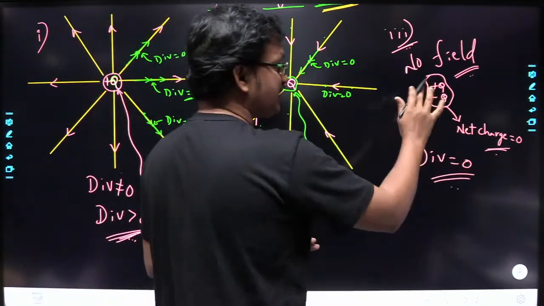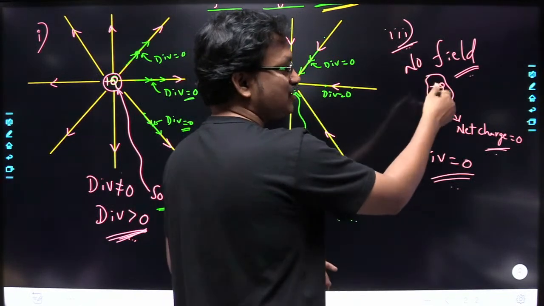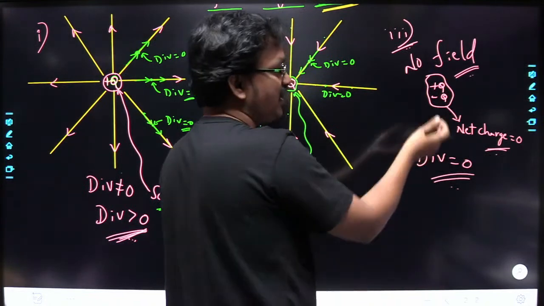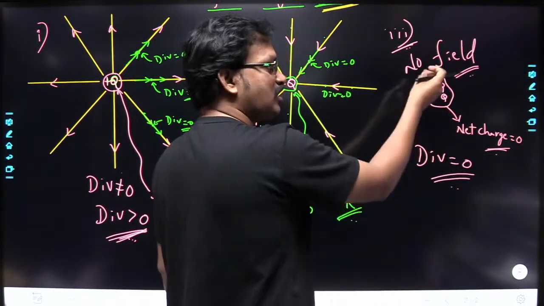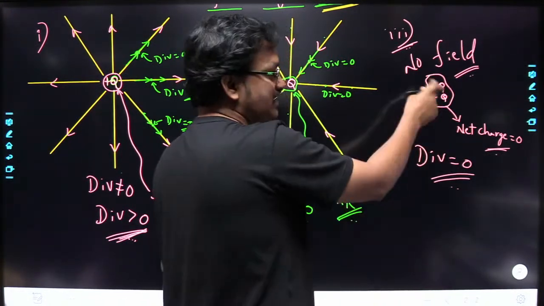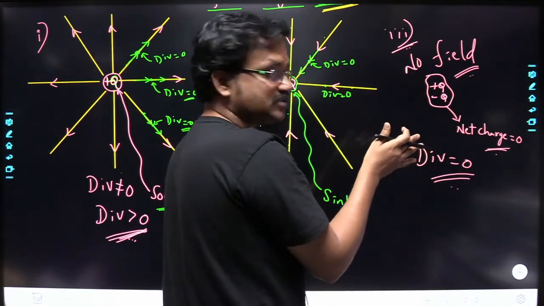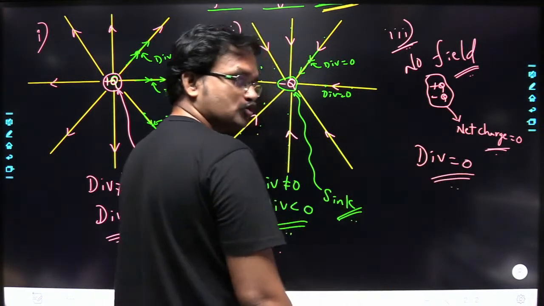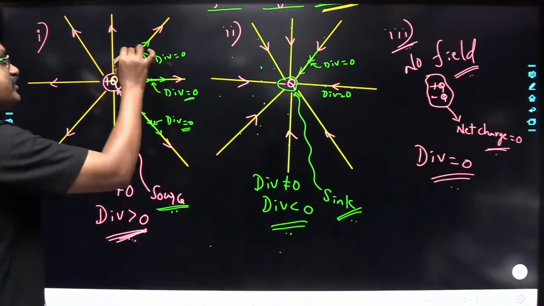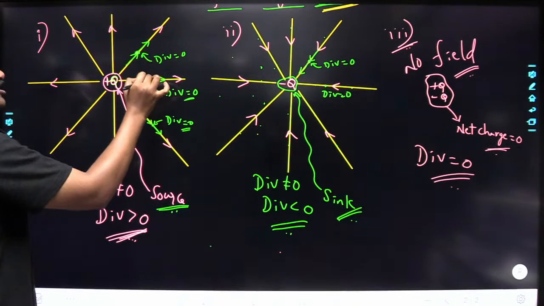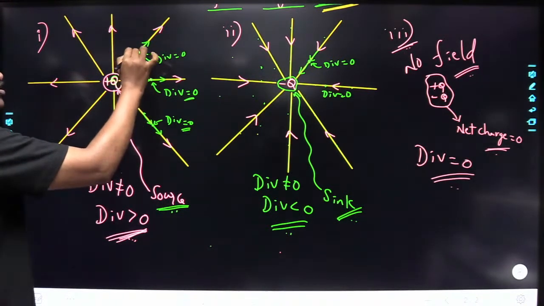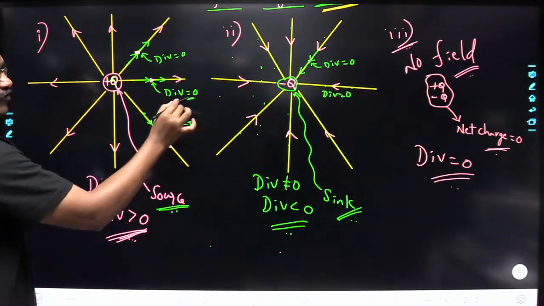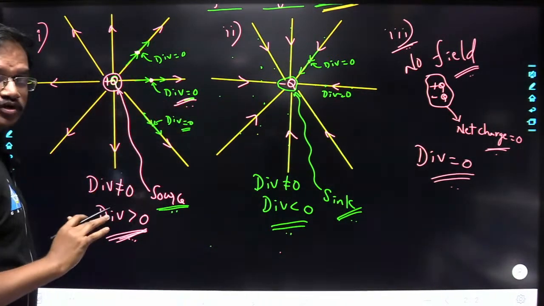Now if you consider a location where neither source nor sink is existing, yes or no? I can say here neither source nor sink is existing because one is nullifying the other. So in this case, I have seen that divergence is equal to 0. And also at these points you are not observing any sources, so divergence is equal to 0.